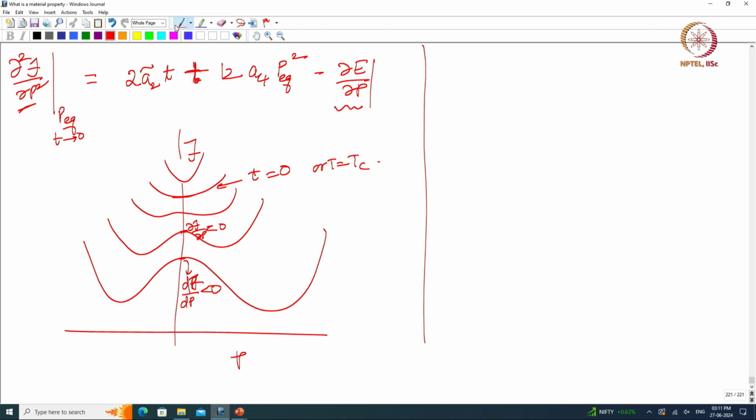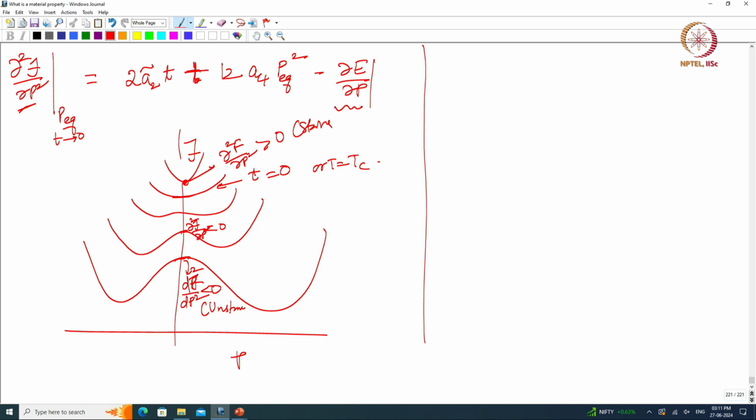So, if I look at the curvature, here the curvature, dou 2 F by dou P squared, is negative, here the curvature is again negative, whereas here in the paraelectric phase, or in the high temperature phase, dou 2 F by dou P squared is actually positive, right. So, this is stable, this is unstable.